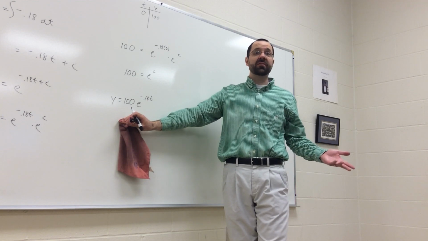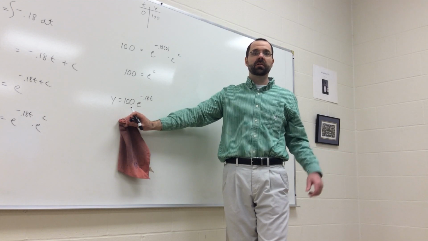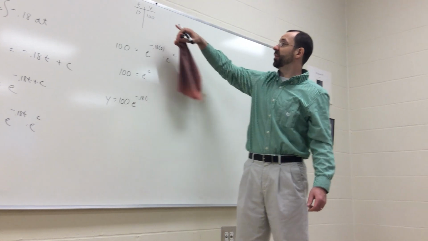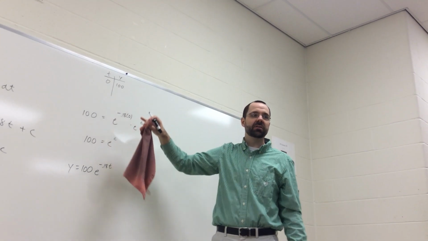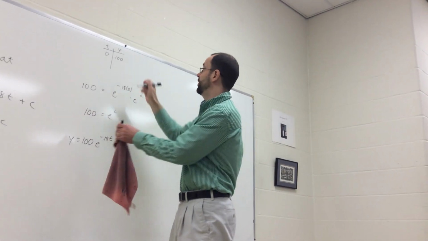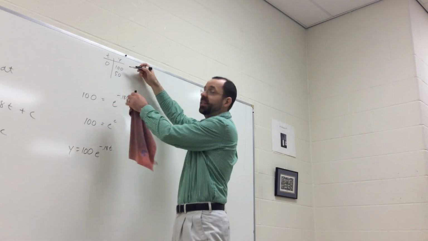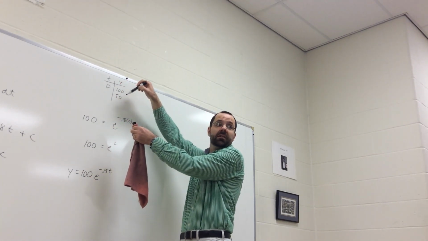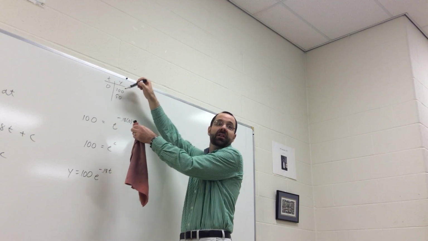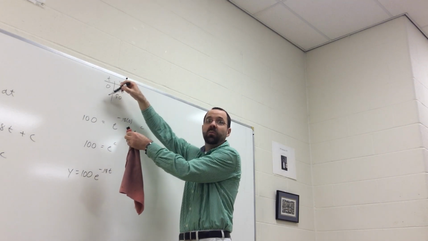Okay, now the question's asking for the half-life. So if I started with 100, how much would I have left after the half-life goes by? 50, so I'd be down to 50. So since I'm asking for the half-life, I want to know what t would give 50. Because I started with 100, the half-life will be the amount of time when it's down to 50.